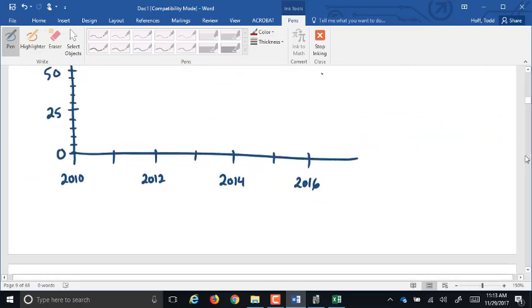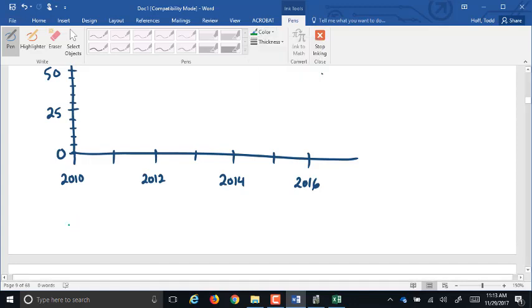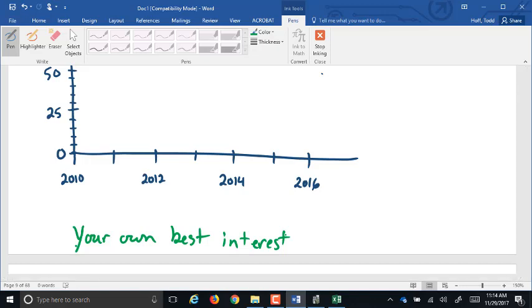I guess the biggest thing in statistics is the phrase is your own best interest, which is kind of a fancy phrase for say what's best for you or what are you trying to do.